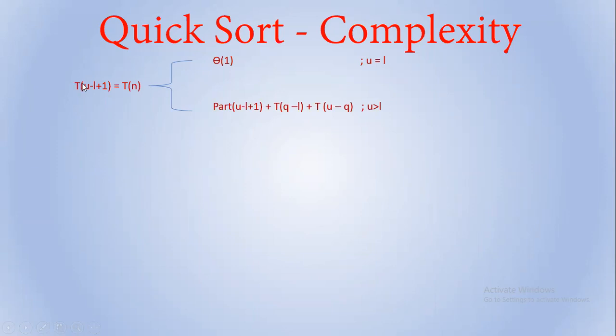in capital T, the running time of the quick sort of size n. Quick sort of U minus L plus 1 is represented in capital T, and PART, this one, is the complexity of the partitioning function, and these two are the sub quick sort functions within this quick sort function.